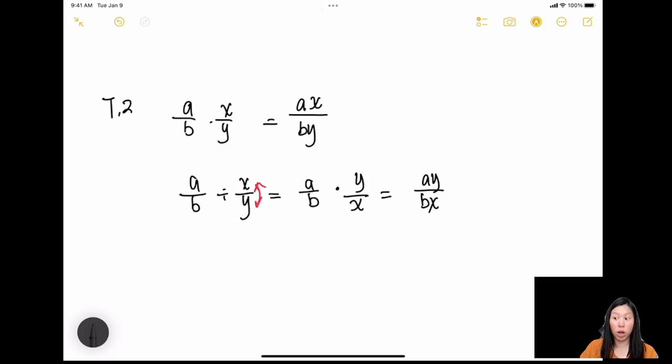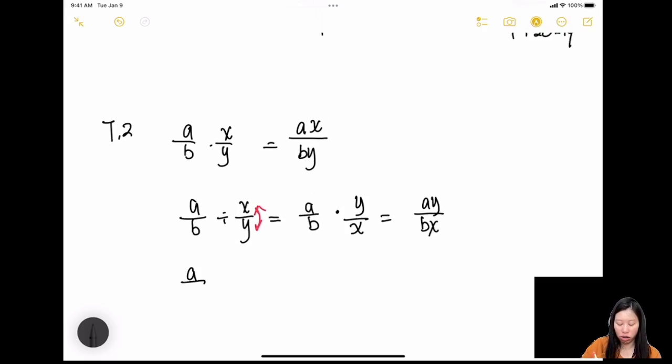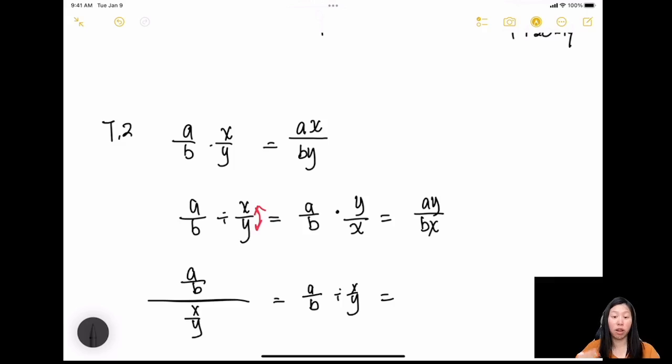If it's something more complicated, such as a over b over x over y, again you can see this as a division, a over b divided by x over y, and then we follow the division property, which is a over b times y over x, and then multiplication, which is ay over bx.